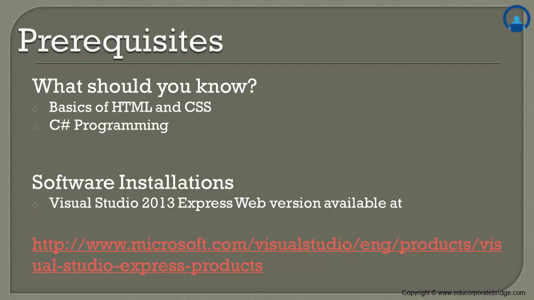As far as software is concerned, all that you need is the Visual Studio 2013 Express web version. You need the 2013 version because MVC5 is supported only in versions of 2012 and above. The Express version is available for free and can be downloaded from the link mentioned here.